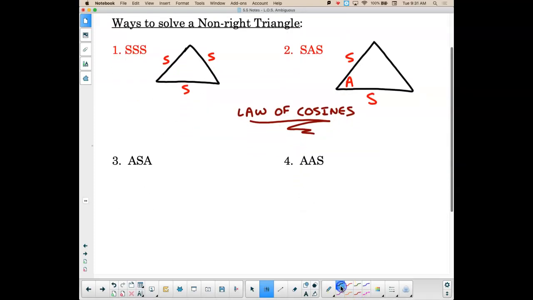If we're given two angles and their included side, what do we use? Give you another chance.